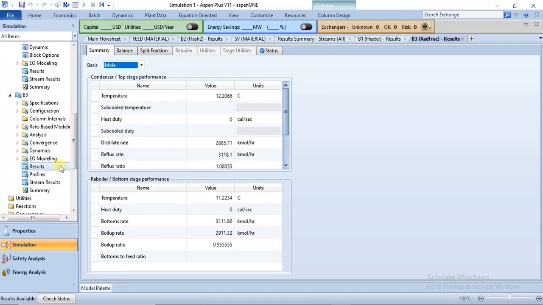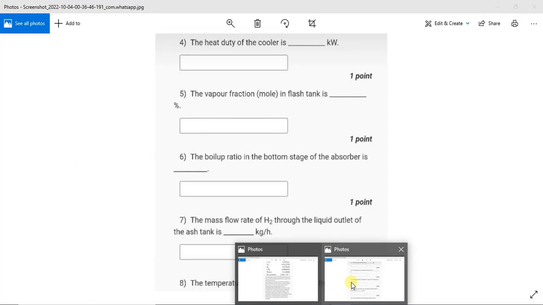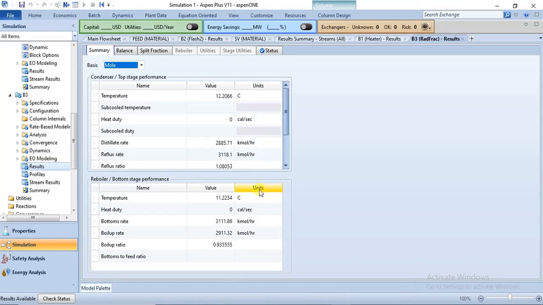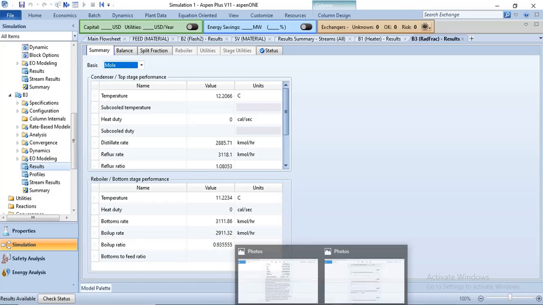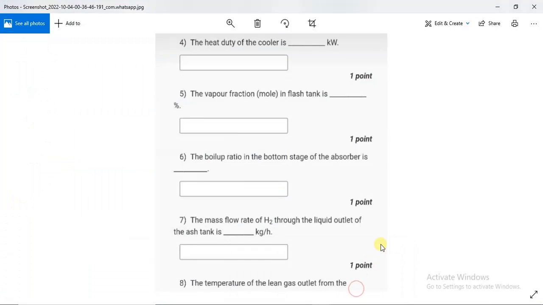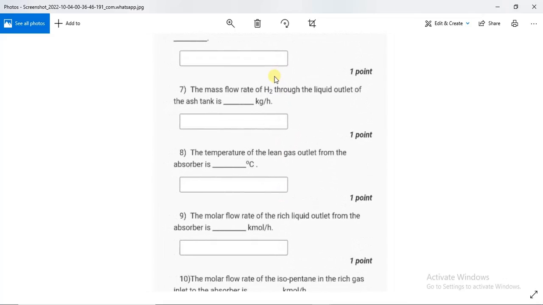They're asking for the boil up ratio in the bottom stage. These are the condenser details, and then these are the reboiler details. From what I'm seeing here, the boil up ratio is 0.935555. So that is the answer to that one, and that is for number 6.